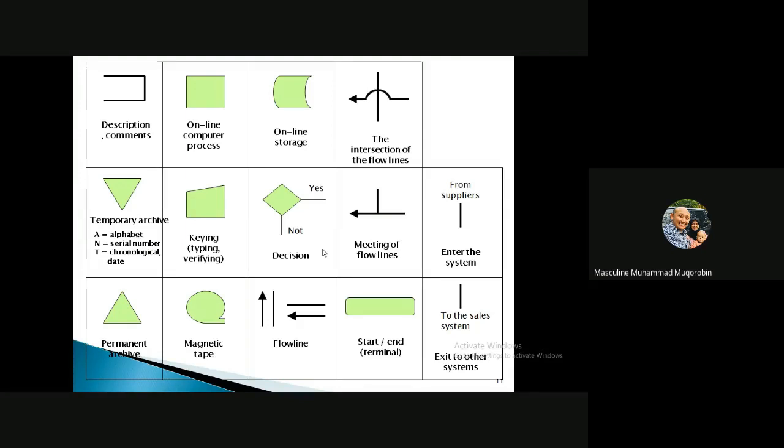Exit to other system represent an external entity which are also known as terminators, source, sinks, or actors are an outside system or process that receive data from the diagrammed system. They are the destination of information, so they are usually placed on the diagram edge.